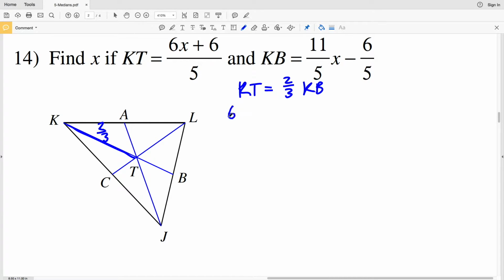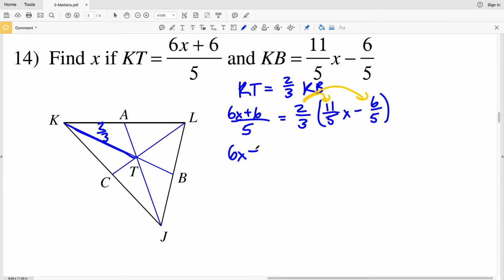So KT, 6x plus 6 over 5 equals 2/3 of 11 over 5 x minus 6/5. My first step, I'll distribute this 2/3. So I'll get that 6x plus 6 over 5 equals 2/3 times 11/5, which is 22 over 15 times x, minus 2 times 6 is 12 over 3 times 5, which is 15.